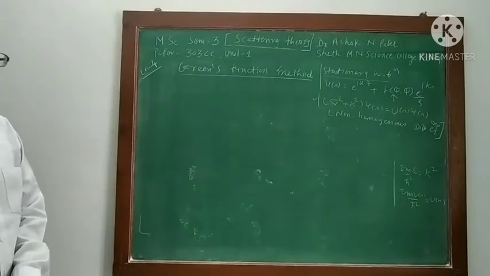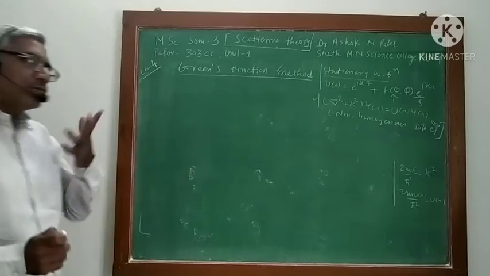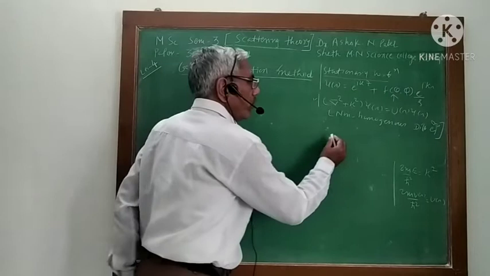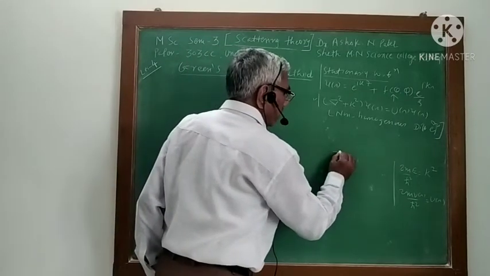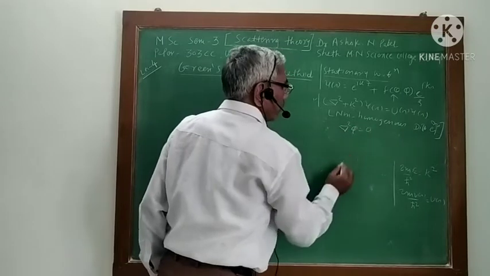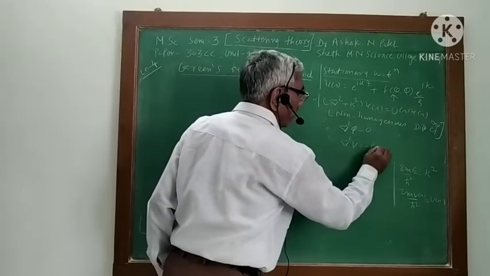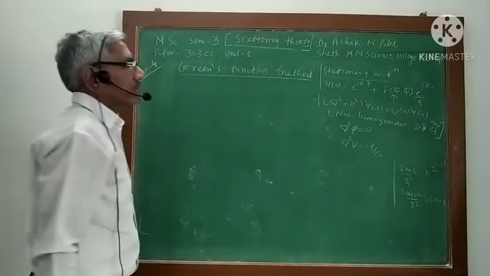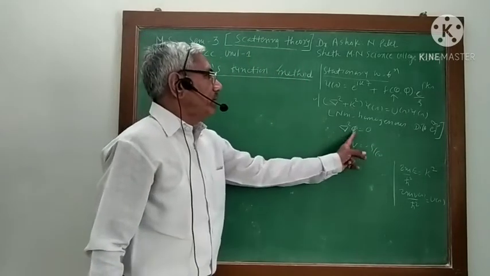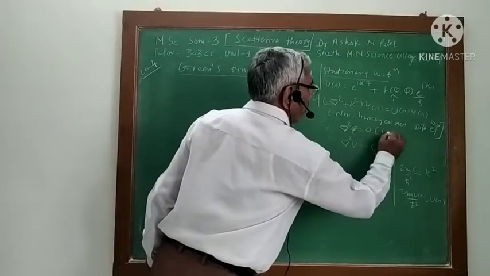You should have an idea of what a non-homogeneous and a homogeneous equation is. Just to get the idea, you have come across this formula, ∇²φ is equal to 0. Another formula I like is ∇²V is equal to minus ρ/ε₀. When this is equal to 0, it is called a homogeneous equation.